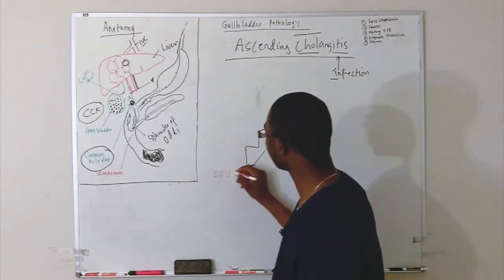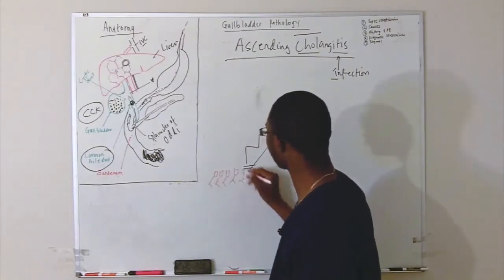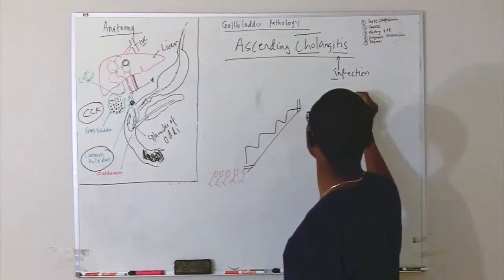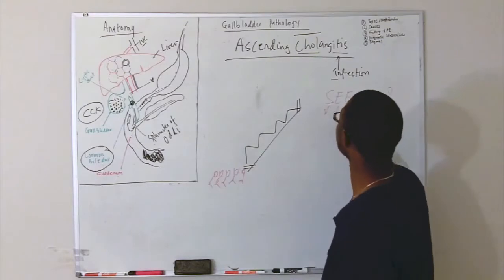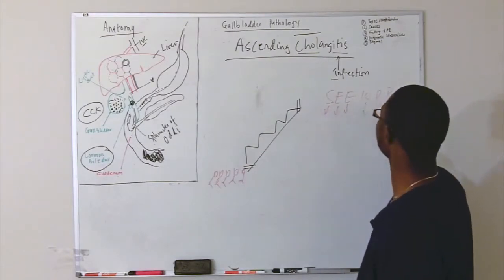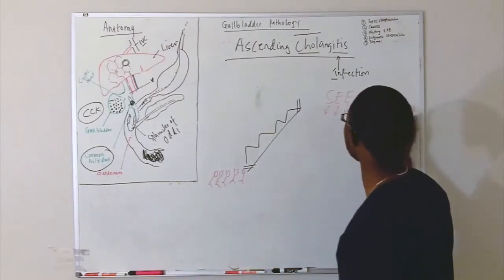Couple buddies, right? I call them the SEKPP mnemonic: Serratia, Enterococcus, E. coli, Klebsiella, Proteus, and Pseudomonas. These are gram-negative bacteria.